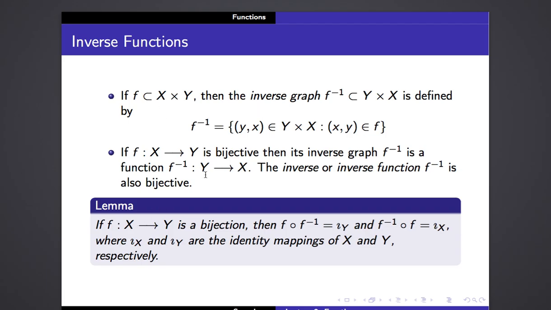This can be checked straightforwardly, so I'm not going to talk about it. I leave that to you. Here comes a lemma. If f is a bijective function from x onto y, then f inverse followed by f is the identity map defined on y, because this composite function is a function from y to itself.